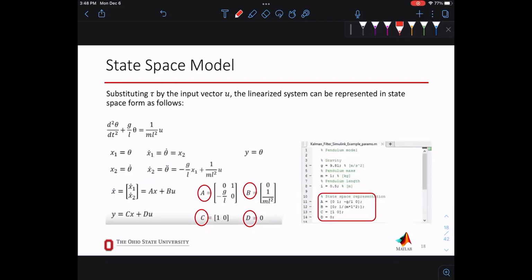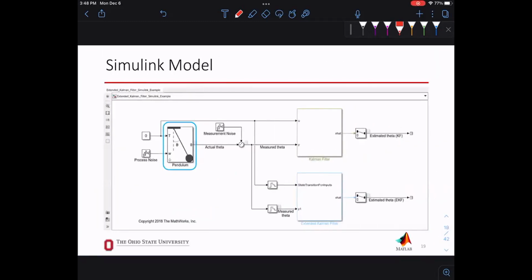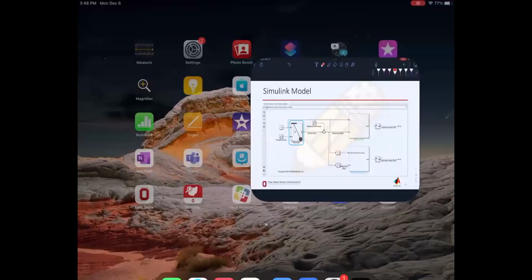So you could code this in MATLAB, basically, that's what I'm saying. Or you can use Simulink, which is a bit harder. This example actually does the Simulink. So you have the model for Simulink. Let me show you this one so that you can do it by yourself after that.